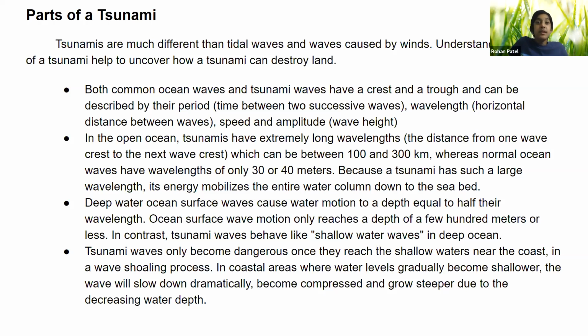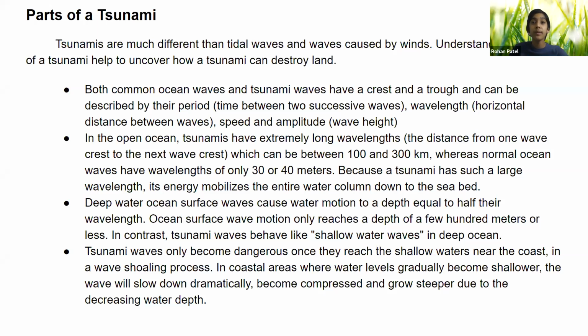Deep water ocean surface waves cause water motion to a depth equal to half their wavelength. Ocean surface wave motion only reaches a depth of a few hundred meters or less. In contrast, tsunami waves behave like shallow water waves in the deep ocean.